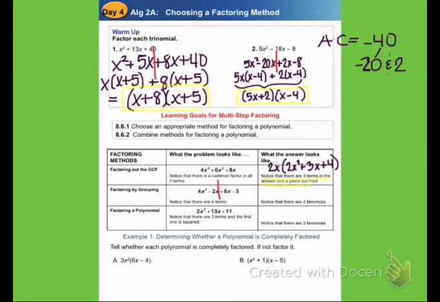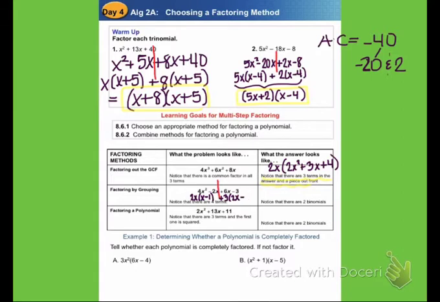We would take out the greatest common factor of the first 2, which in this case appears to be 2x, which would leave me with x minus 1. And in the second 2, it looks like it is a positive 3, which leaves me with 2x minus 1.